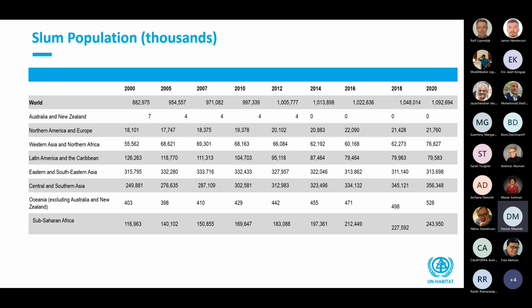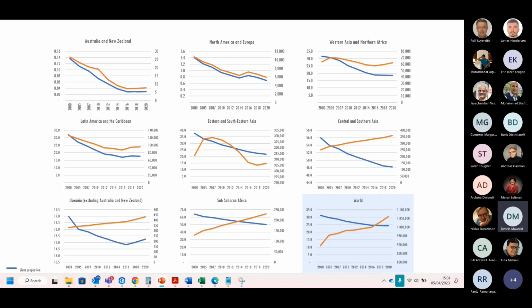So it's also cross-cutting and looks in different regions. More or less the trend has been consistent in most of the regions. And here it just compares the two things, the share of slum population, but also the actual numbers.